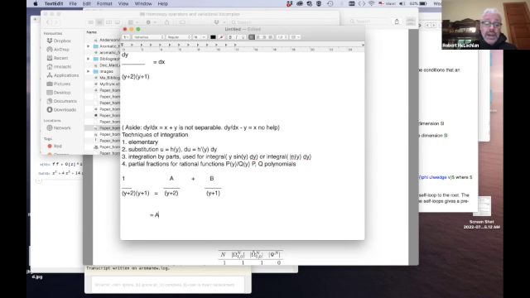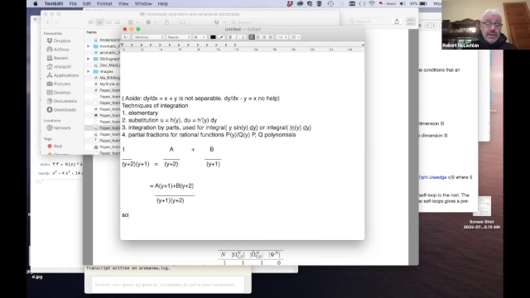So you're going to get a times y plus 1 plus b times y plus 2, all divided by y plus 1 times y plus 2. Now if you look at what I started with and what I've got, the denominators are the same, and I want them to be the same function, so the numerators must be the same as well. So 1 is equal to a times y plus 1 plus b times y plus 2.